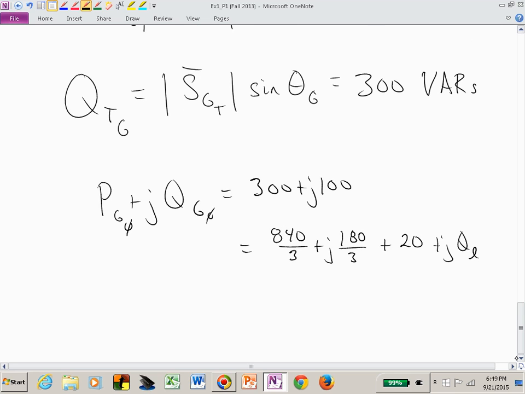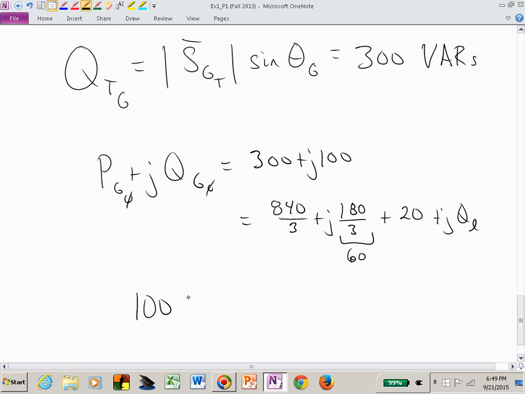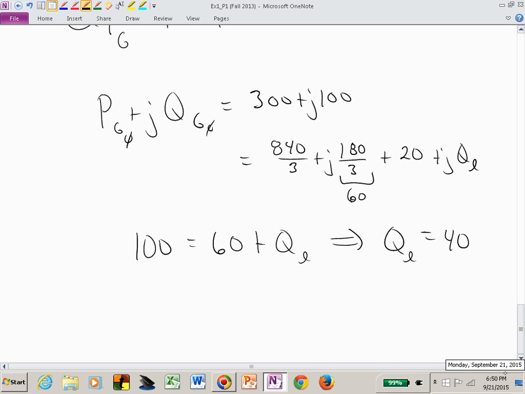And the only thing that's left, this is 60, so that 100 is equal to 60 plus Q sub L. Q sub L is now 40. And that's the magnetizing VARs that are absorbed in the transmission line.